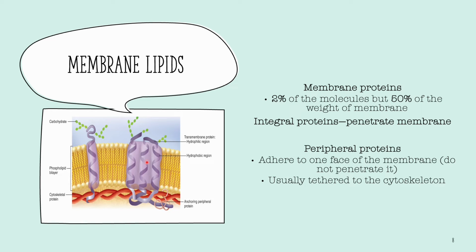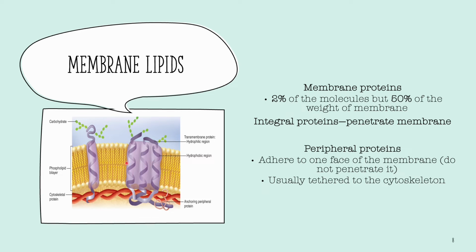In the transmembrane protein, you have the hydrophilic region. Remember, that region likes to go towards the water. In the middle right here is the hydrophobic region. It's hydrophobic because it's in the middle and doesn't want to go towards the water. It doesn't want to get wet.